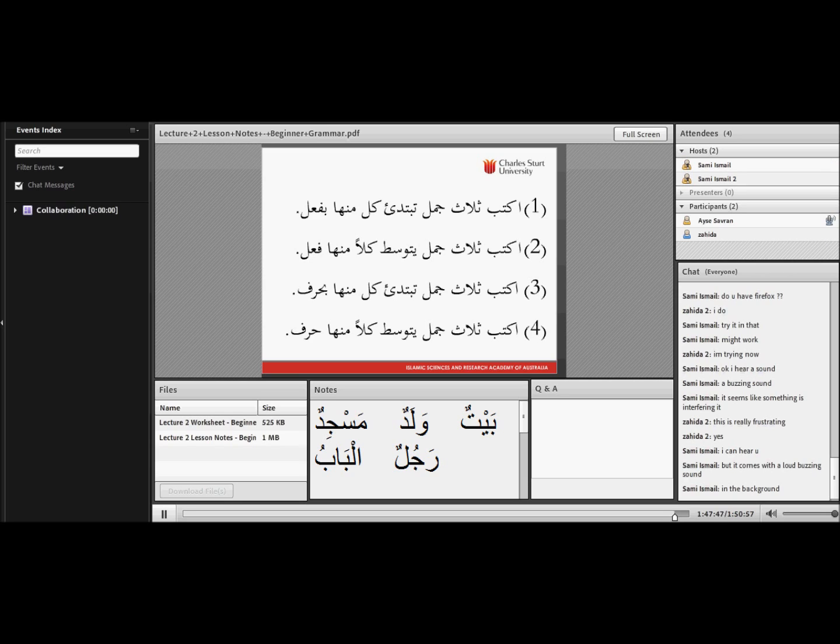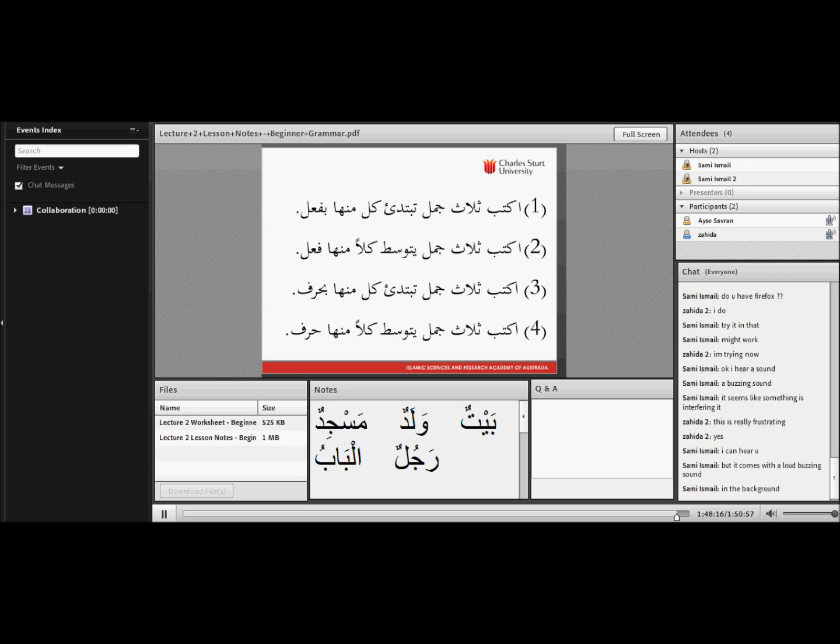One thing to notice is generally the fi'l madi. If you notice, a lot of it has three letters, and they mostly end with a fatha, right? So, for example, طلع, ذهب, أكل, وقف, مكث, علم, سجد.